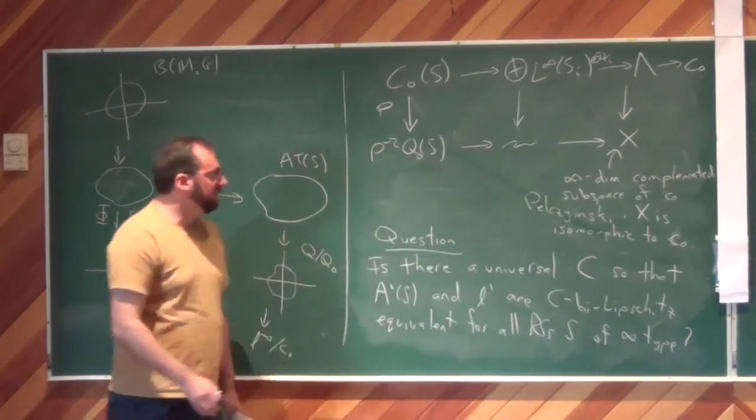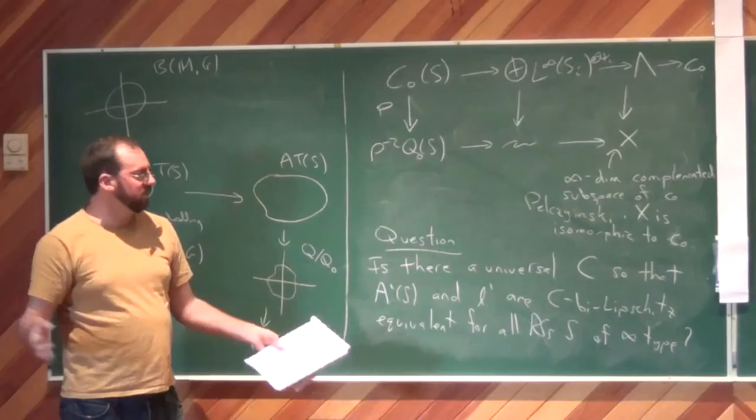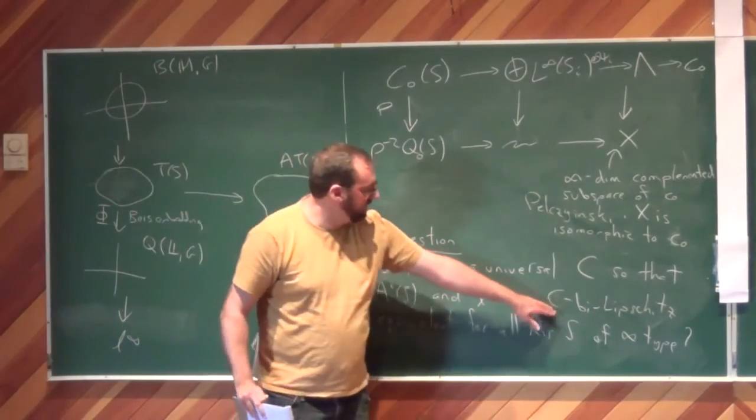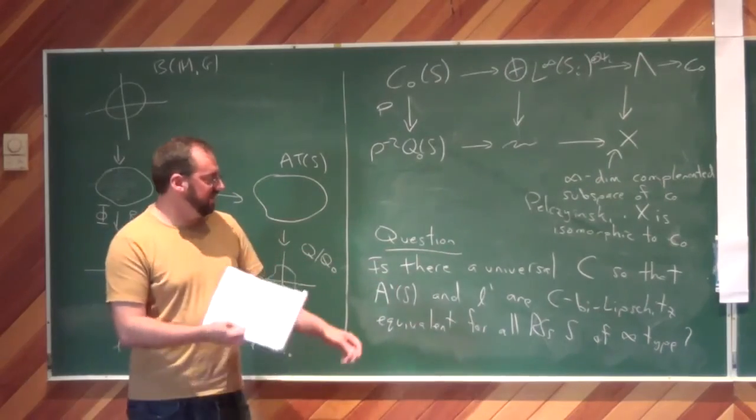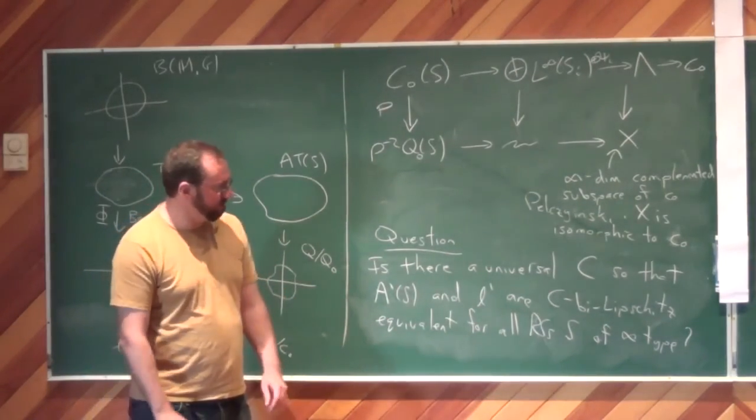Or can you come up with a sequence of infinite type surfaces which degenerate in some way so that the isometric distortion gets larger and larger as these surfaces get nastier and nastier?